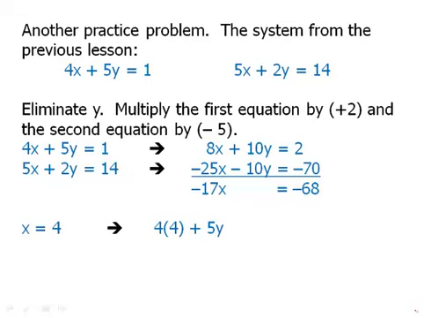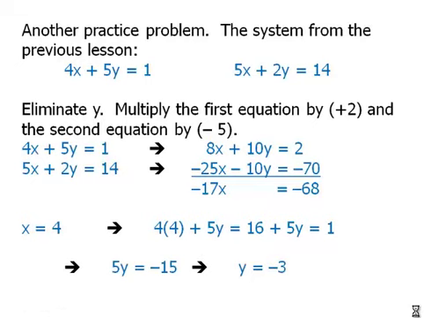I'll plug it into the first equation and get 16 plus 5y equals 1. Subtract 16 from both sides, 5y equals negative 15, y equals negative 3. And so the solution to that system is very simply x equals positive 4, y equals negative 3.